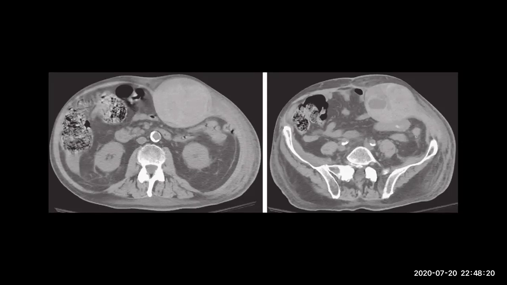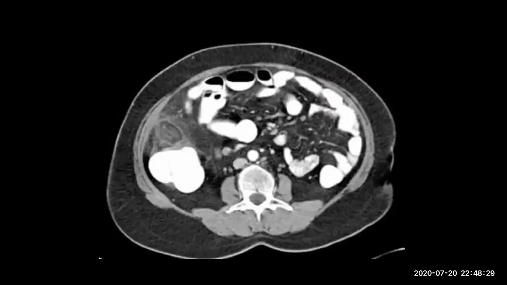Any question? Yes, sir. This case? Axial CT scan with IV and oral contrast.